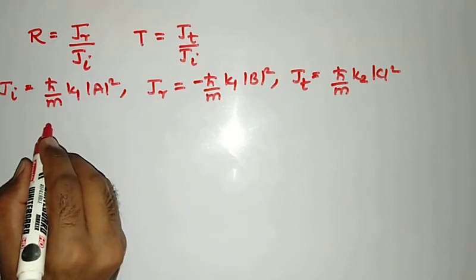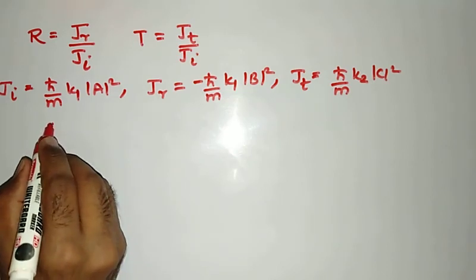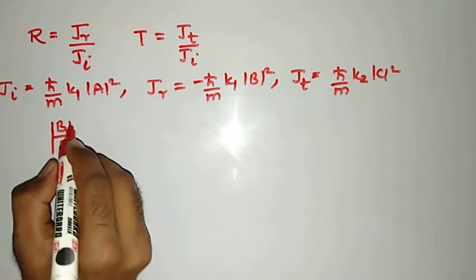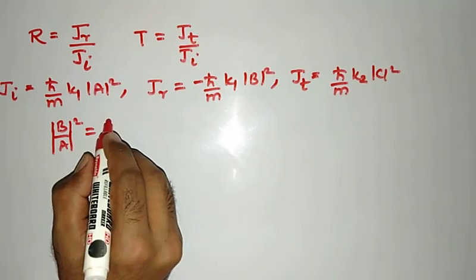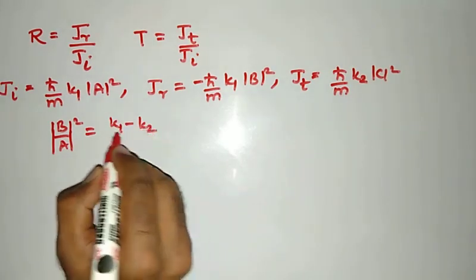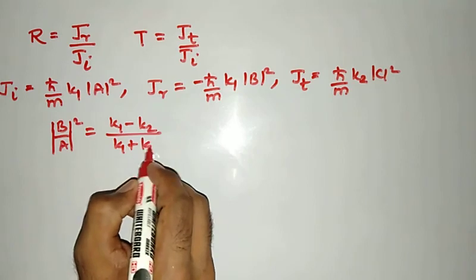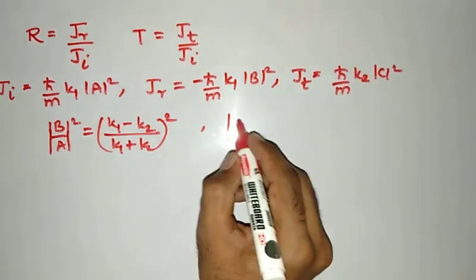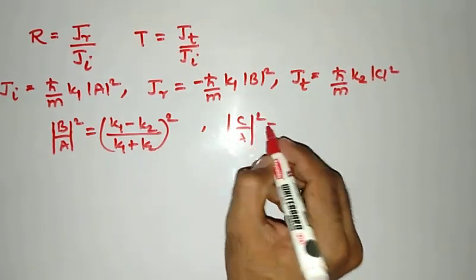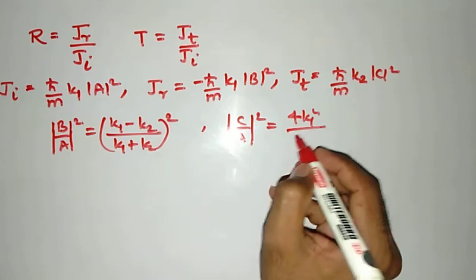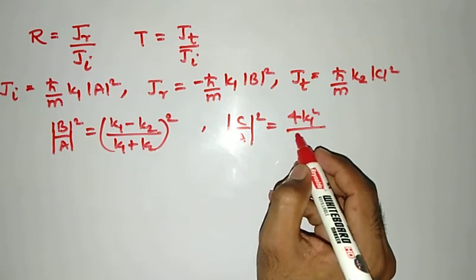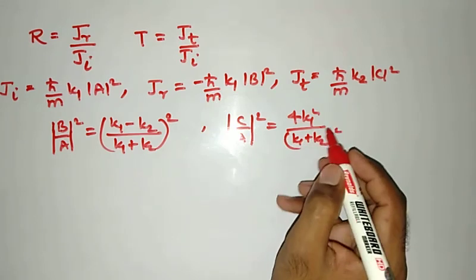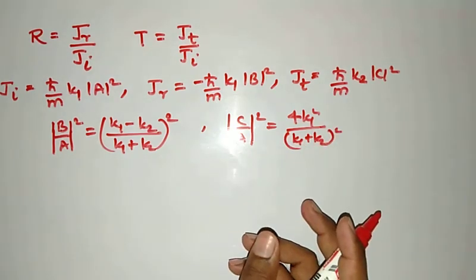Also we have found the relation between B and A, that is mod B by A squared, which is (k1 minus k2) by (k1 plus k2), squared, and mod C by A squared is 4 k1 square upon (k1 plus k2) squared. So up to here we have found out.